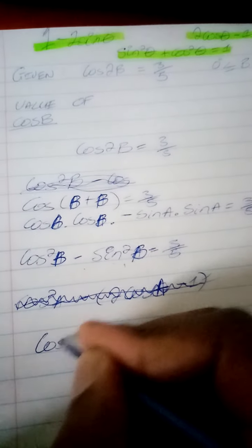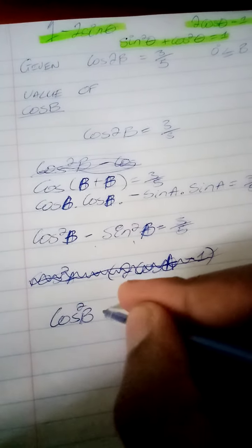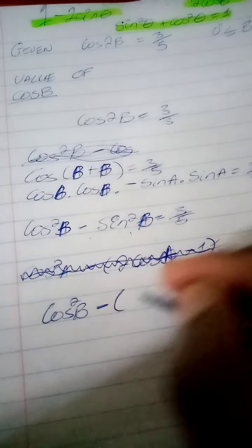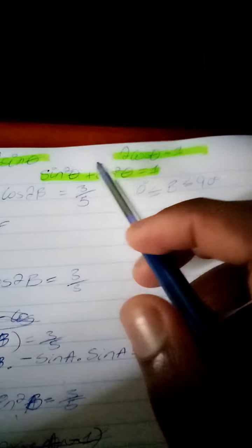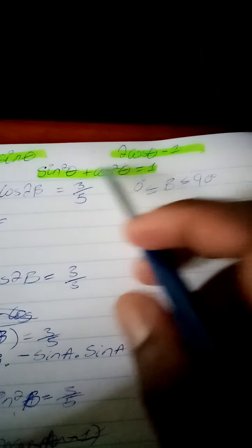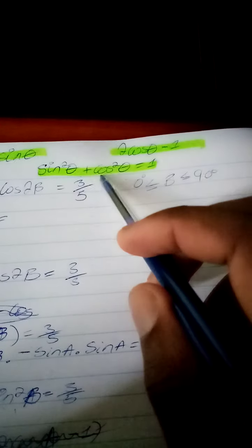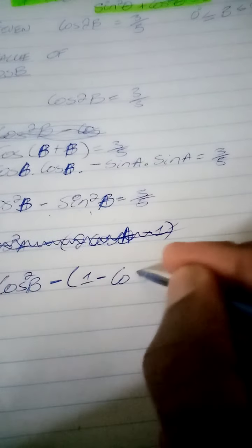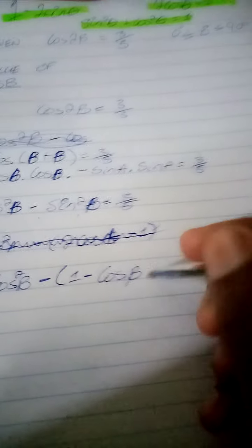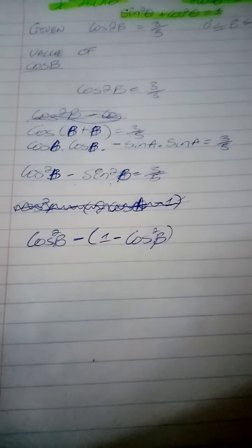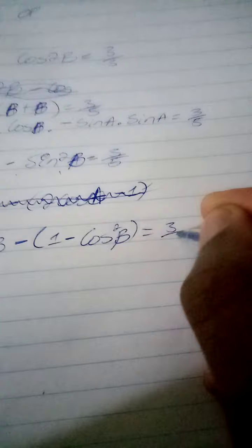So now we will look at this point right here. It's cos squared b minus sine squared b. Sine squared theta will be equal to 1 minus cos squared. So this would be 1 minus cos squared b, not beta, equal to 3 over 5.